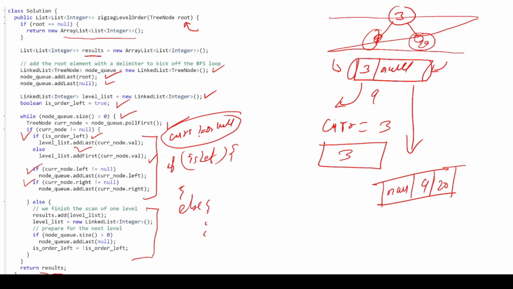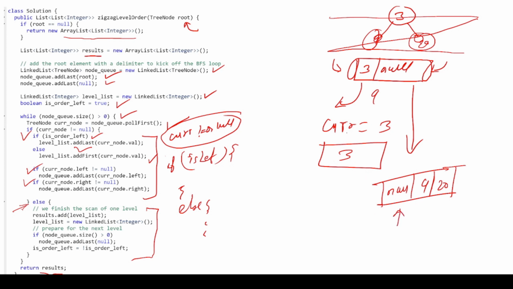Once the if current not null block is completed, we will reach the else, but else will not run because current is not null. When current becomes null, then we will come into else. Now our pointer will move to the null.